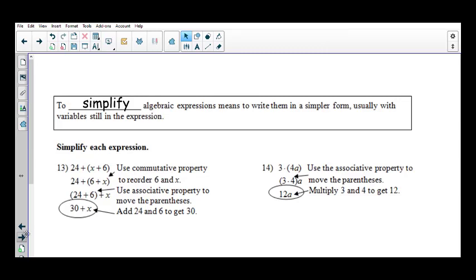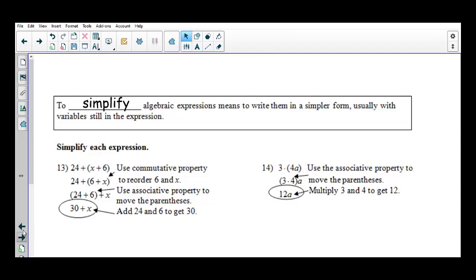So number 13, we have 24 plus in parentheses x plus 6. So I reordered the x plus 6 using the commutative property, and then I moved the parentheses using the associative property to be around the 24 plus 6. So I don't normally write all this work out, and I won't for all of them. I do this mentally. That's okay if you want to do it mentally as well.